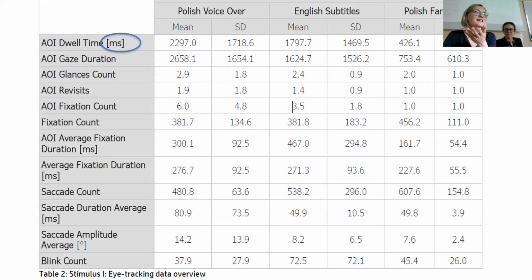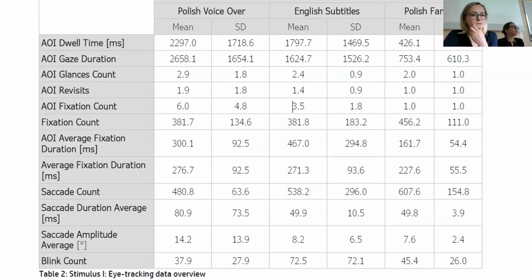So obviously we need to make sure that we give this information everywhere. We can also see that she's using dwell time and gaze duration, and they're very similar. Dwell time is a bit shorter than gaze duration, but we don't know which one's which, because she hasn't provided any definitions. We also have something like glances count.